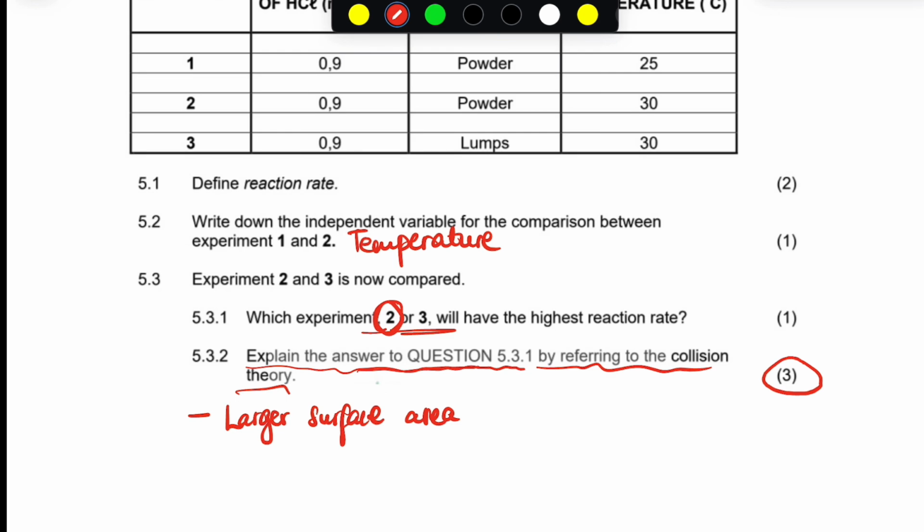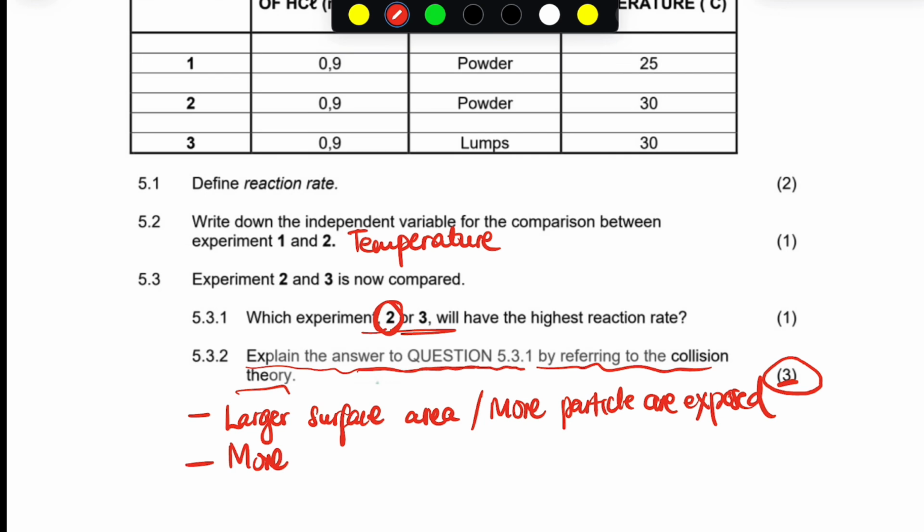Or you can say more particles are exposed.